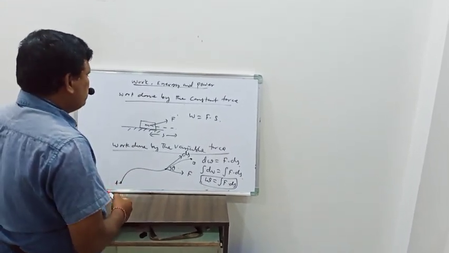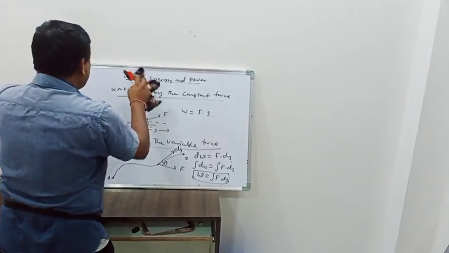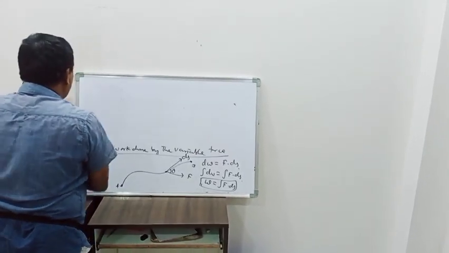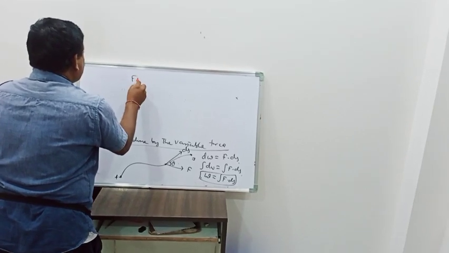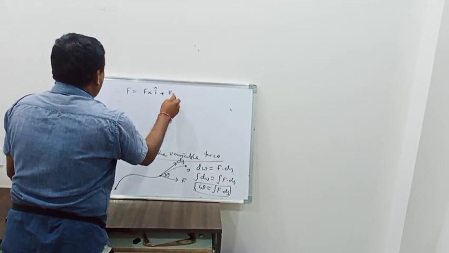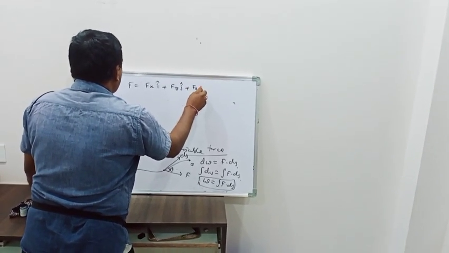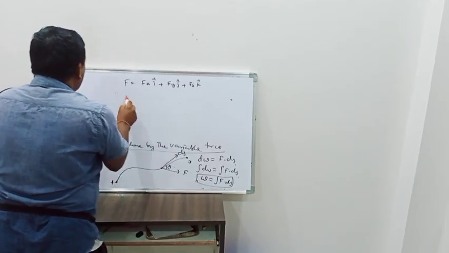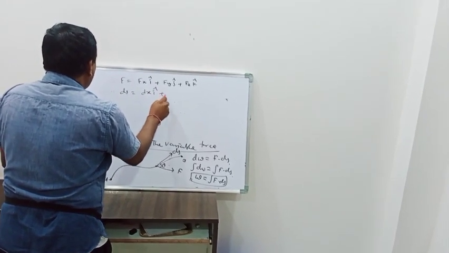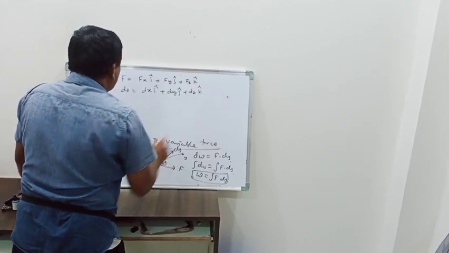We can also write the work done by the variable force in terms of rectangular components. Along the x-axis the force component is Fx i cap, along the y-axis Fy j cap, along the z direction Fz k cap. The displacement along the x-axis is dx i cap, along the y-axis dy j cap, along the z-axis dz k cap.